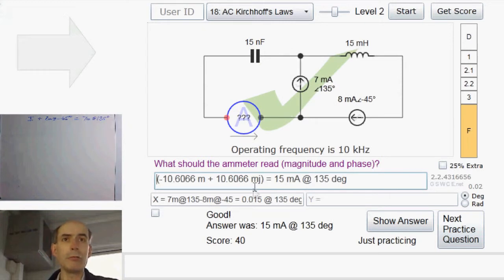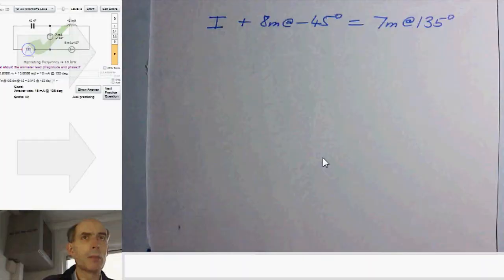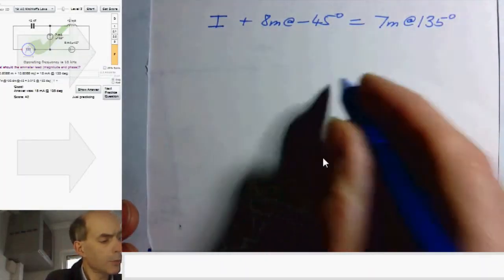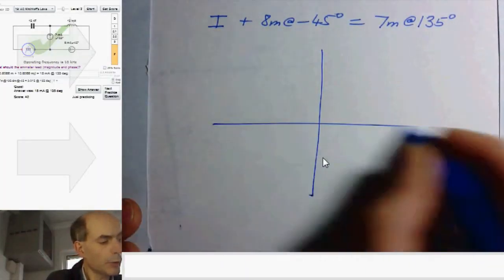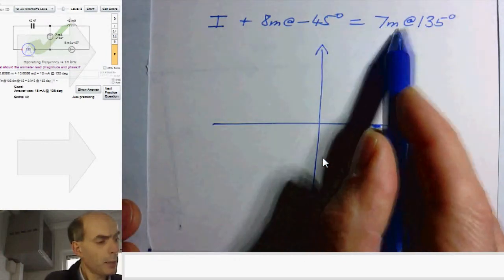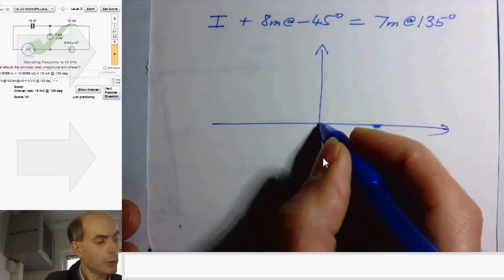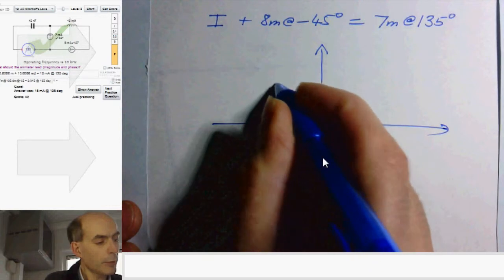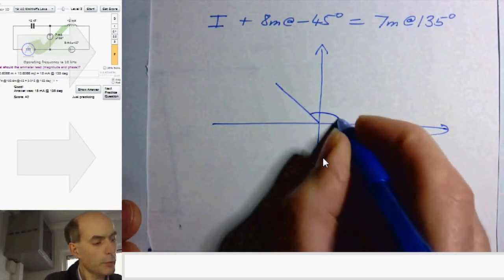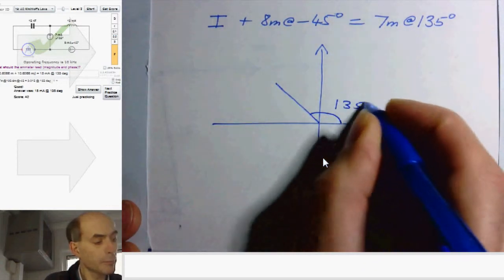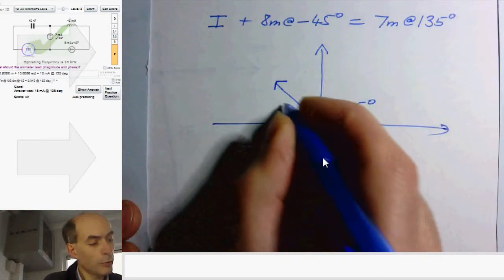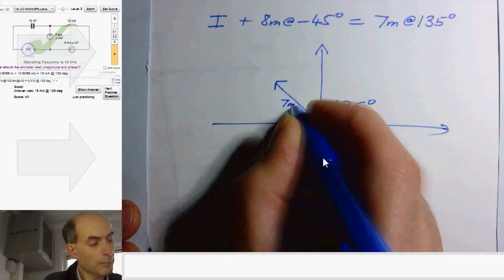If I didn't have a calculator able to do complex numbers, which you won't in the exam, you'd have to do something like looking at this and saying, okay, phasor diagram. 7 milliamps at 135 degrees is going to be out in this direction here, because that is 135 degrees, and it's going to be a distance of 7 milliamps.